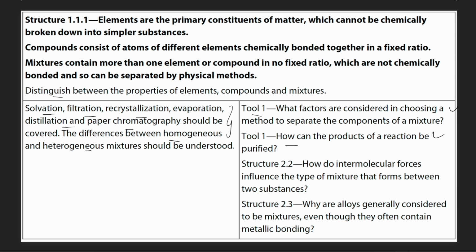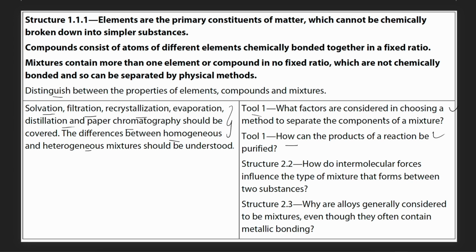For example, solid and liquid. There are some mixtures where the solid is insoluble in the liquid, or soluble. So you need to think about the choice of the separation technique based on the physical and chemical properties of these substances present, right?